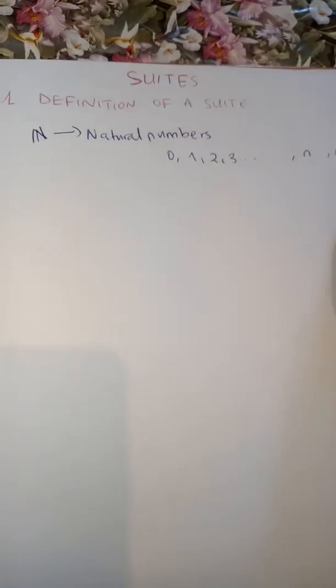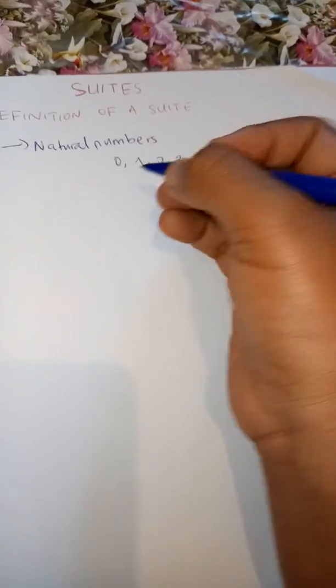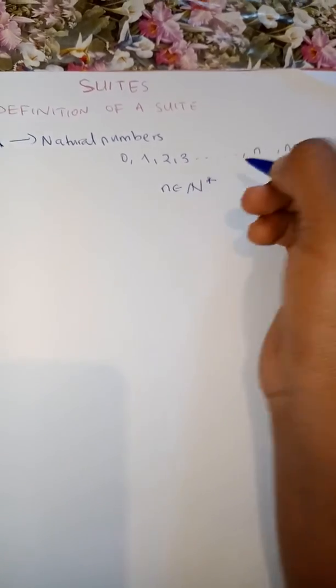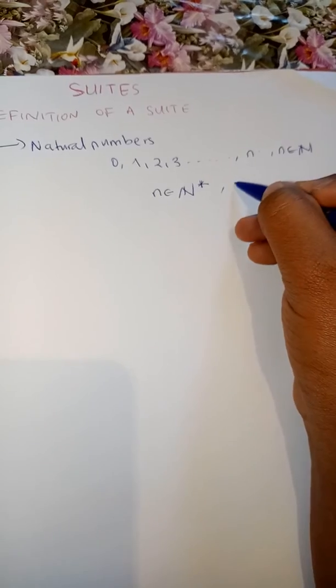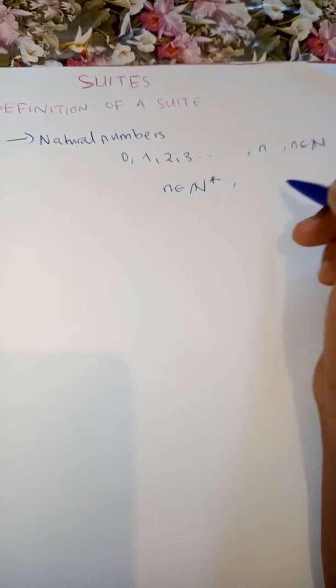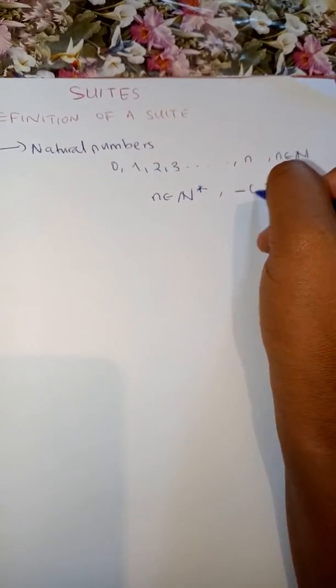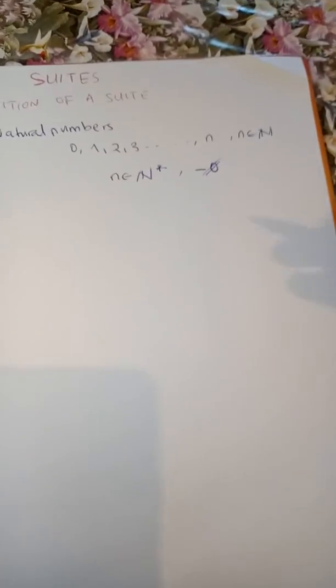This is what we call n appartient à l'ensemble N. Now, if they tell you n appartient à l'ensemble N étoile, it means all the numbers contained in the ensemble of natural numbers minus 0. That is, 0 will not be included. So you're starting from 1, 2, 3, 4, etc.